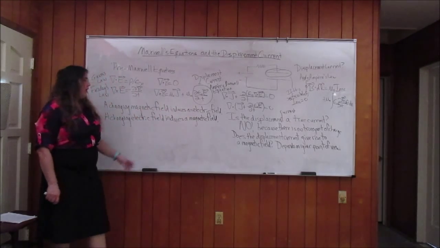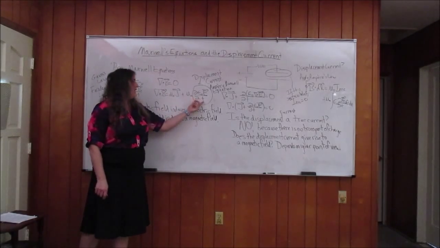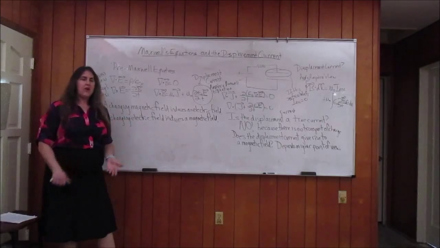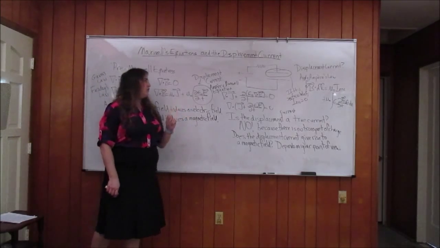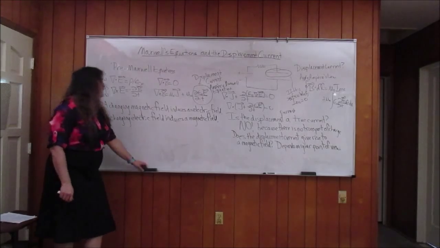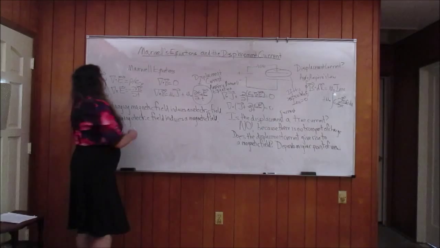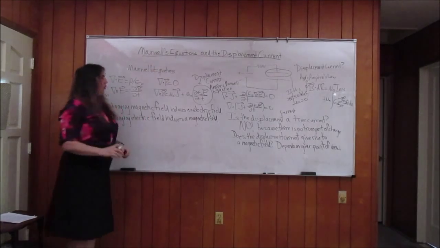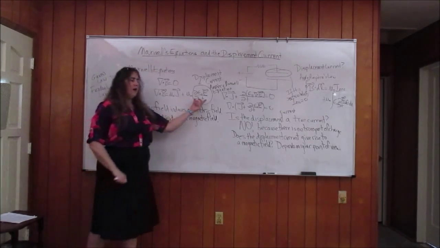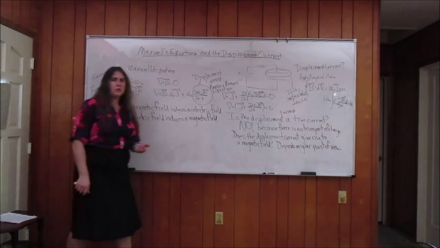And another interesting aspect of the displacement current is that it was hypothesized by James Clerk Maxwell, which is what we call the Ampere Maxwell equation. And these are actually now Maxwell's equations. So he hypothesized the existence of this term before there was any experimental evidence for it.